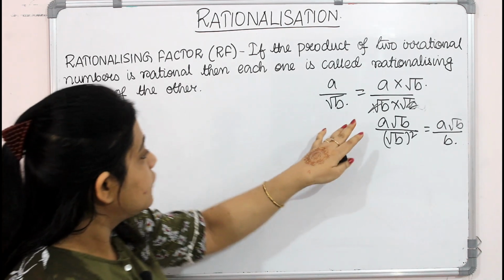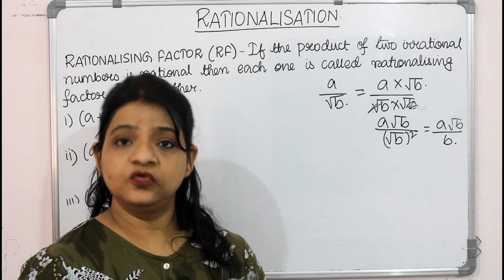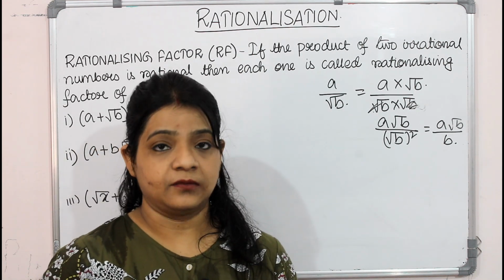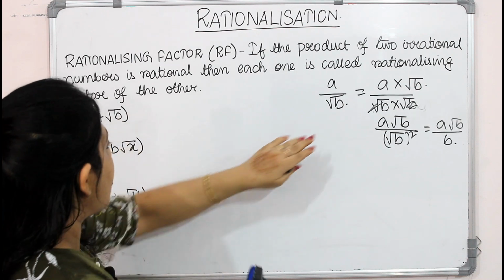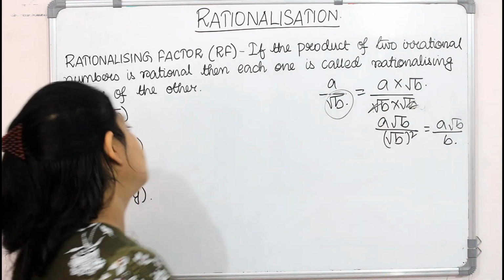Now, using this method you cannot solve these examples. You have to devise some other method. Like, if I go by the simple root b concept, multiplying with root b, let's use this concept on a plus root b to see whether it works here or not.